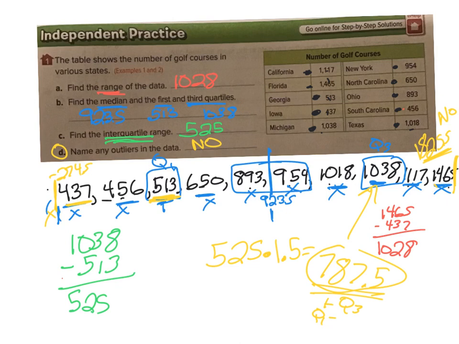You subtract those to get your interquartile range, and then you times that by 1.5, and you either add it to your quartile 3 to see if anything's outliers on the big side, or you take quartile 1 and subtract what you got to see if there's anything on the little side. That is a mouthful, a lot to think about. We will practice this a lot.